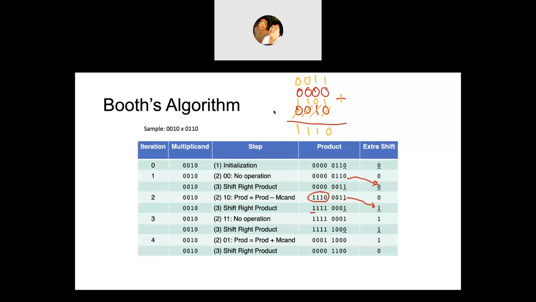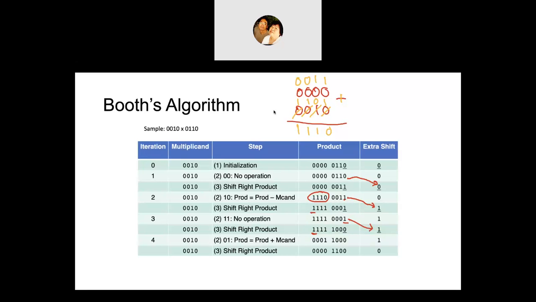The number 1 here shifts to this one, and all the bits from this row go down here. And we have to add 1 to the most significant bit here, because when we add, we add with sign extension, right?